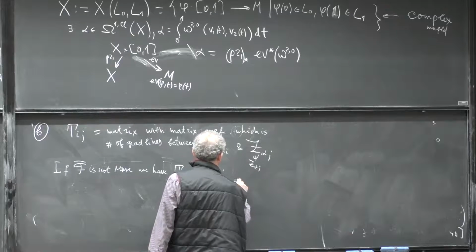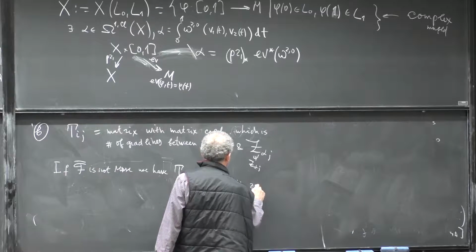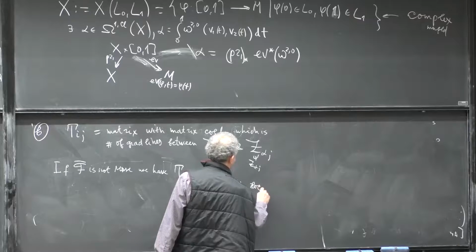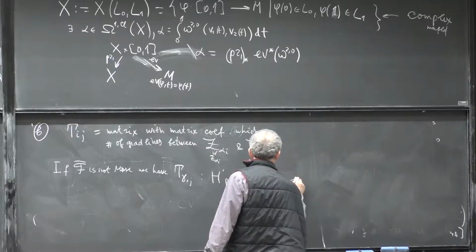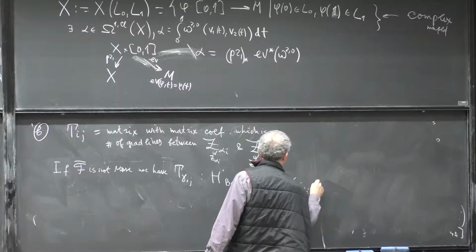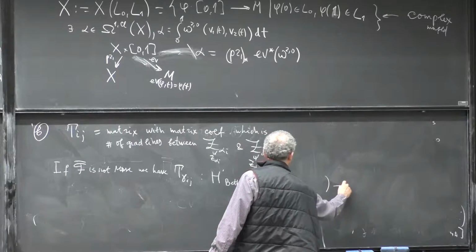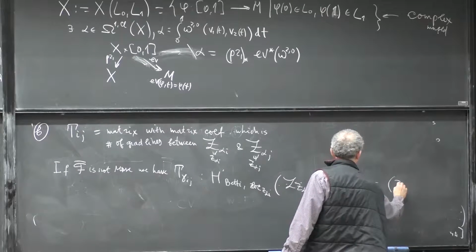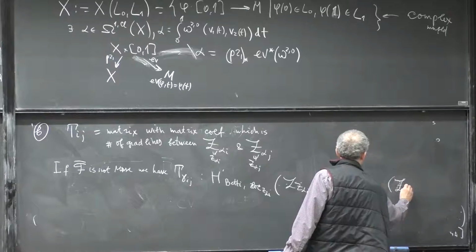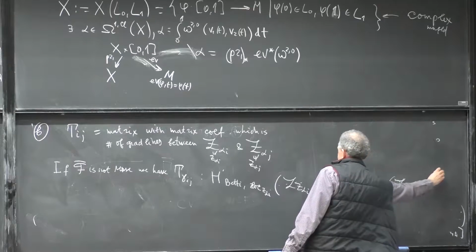So here you have the local Betti for Z alpha i, and here Z alpha j, the sheaf of vanishing cycles, and a similar story for Z alpha j.